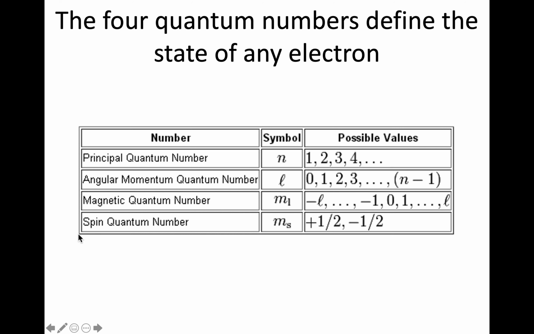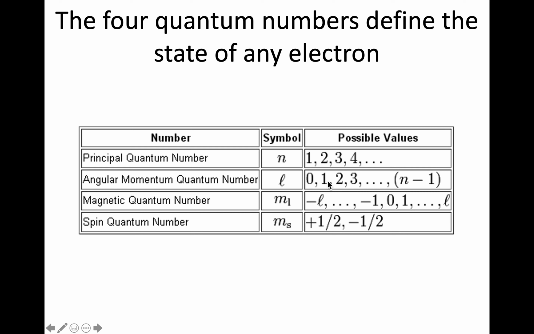Next, we have the magnetic quantum number. m sub l is usually what it goes by, and it is defined by the values of l. It goes from minus l through integers to 0, and then the same thing to positive l. Using the reference here, if we only have n equal 1, then l equals 0 is the only option, so we just have 0.